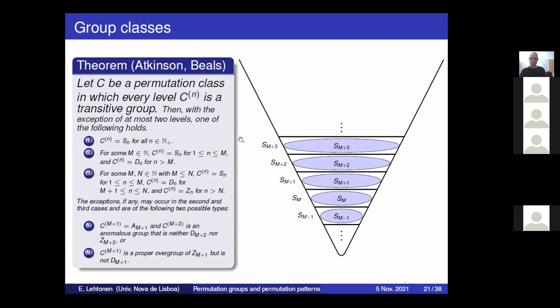The second possibility: we first have some symmetric groups up to some level, and then it's followed by natural dihedral groups.